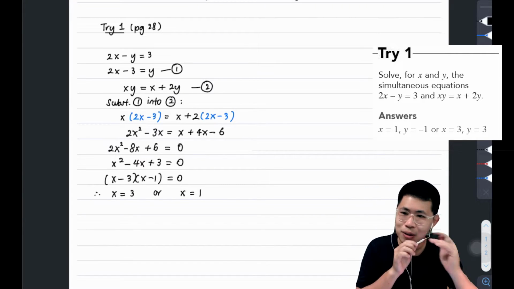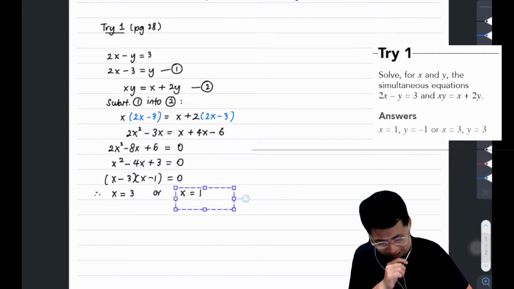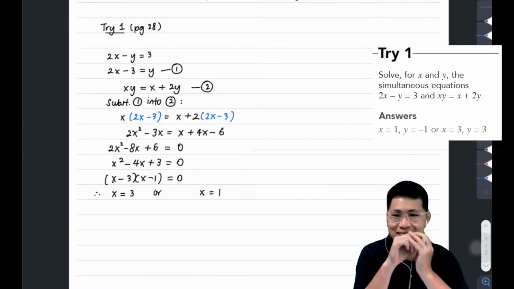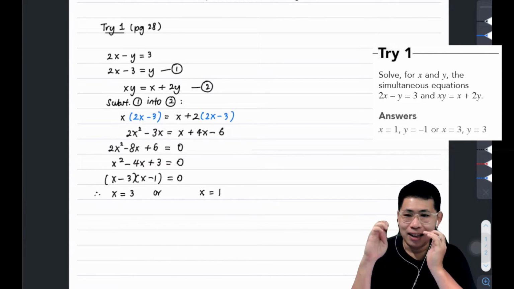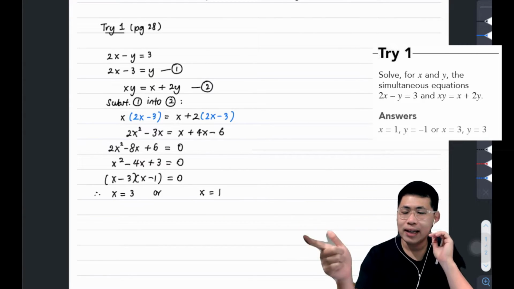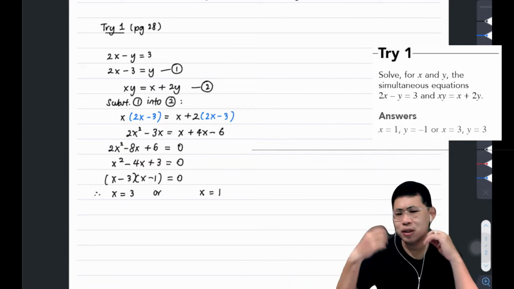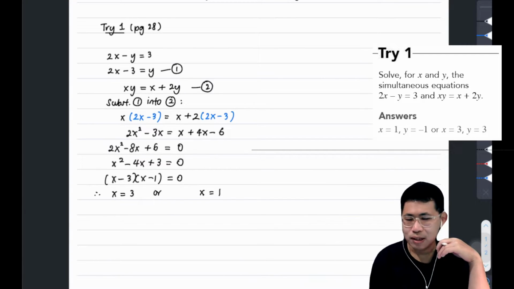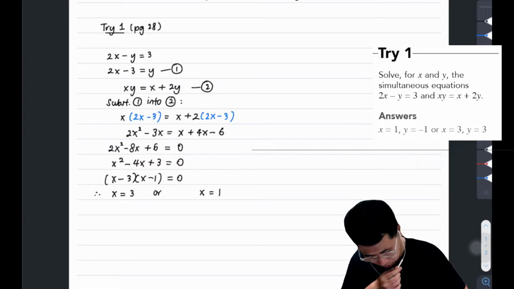Now the problem is I have two separate solutions, and because I have two x's, I need two y's. Where can I get the y from? I can get it from equation 2, but it's not going to be convenient, so I'm just going to use equation 1. Just nice, the y is there.